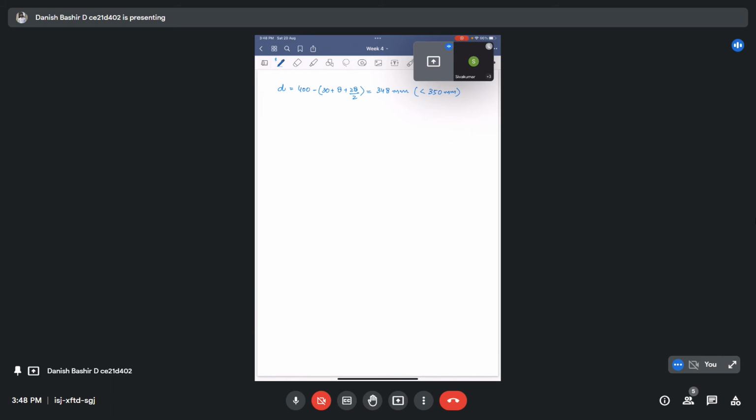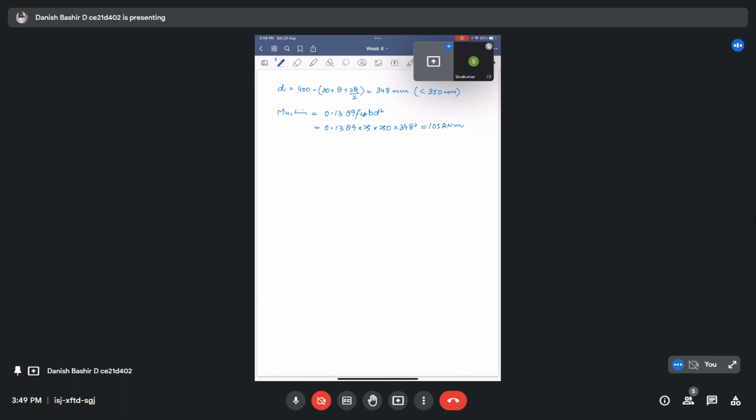Mu limiting will be the same. In fact, our Mu limiting will also change. It will not change that much, but it will change slightly. Let's calculate it once again. It will be 0.1389 Fck b d square. Now for D square you have to put only 348 mm. When I substitute all the values, 0.1389, Fck is 25, b is 250, and D is 348 square, this comes out to be 105 kilonewton meter.